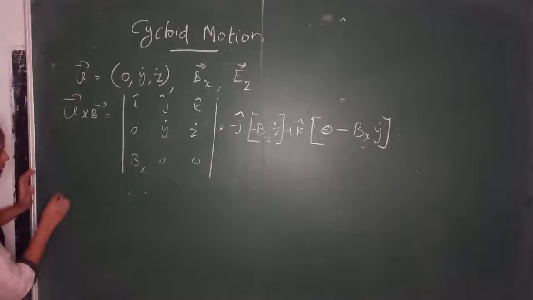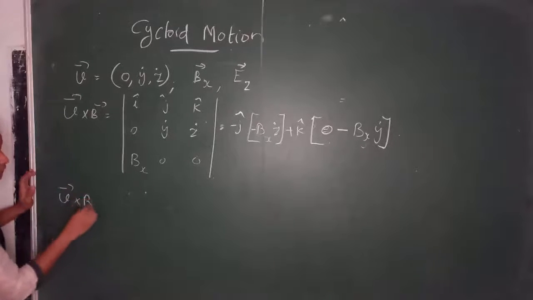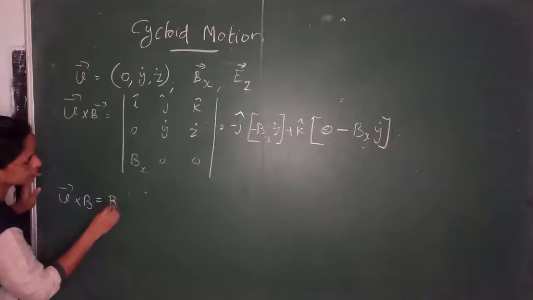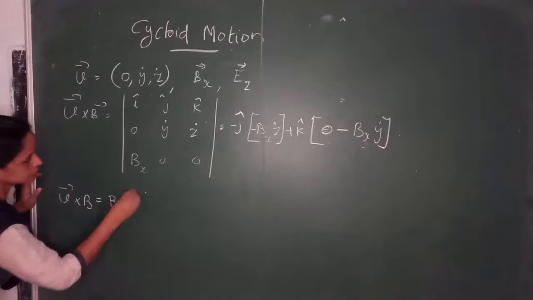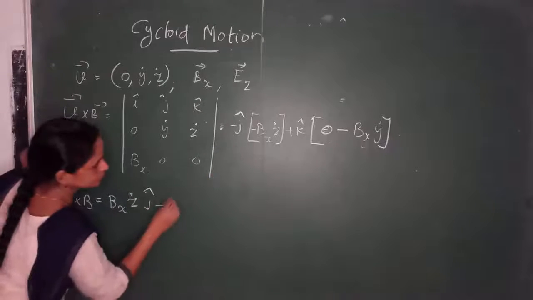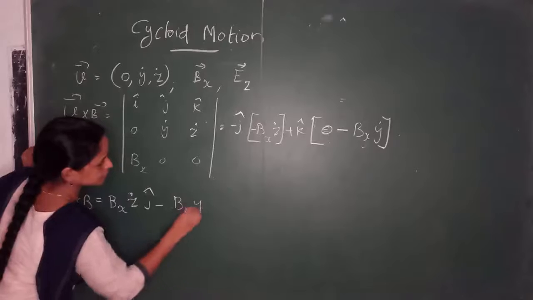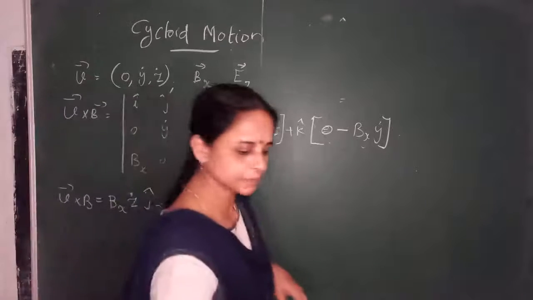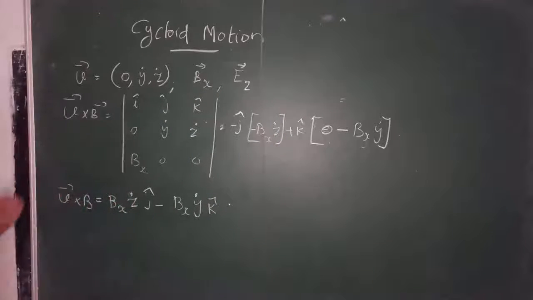So V cross B is equal to plus Bx z dot into j cap minus Bx y dot into k. This is the V cross B component.